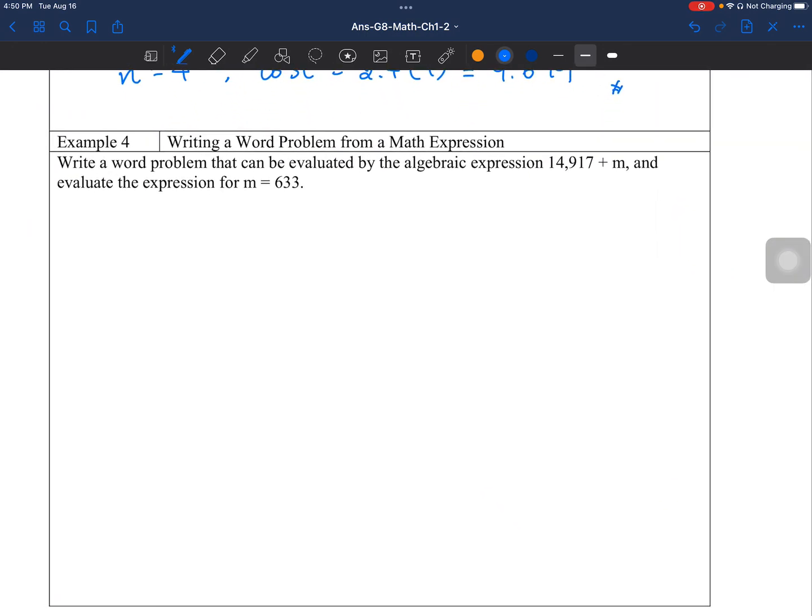And then how can we write a word problem that can be evaluated by the algebraic expression 14,917 plus m? It's actually not that difficult.